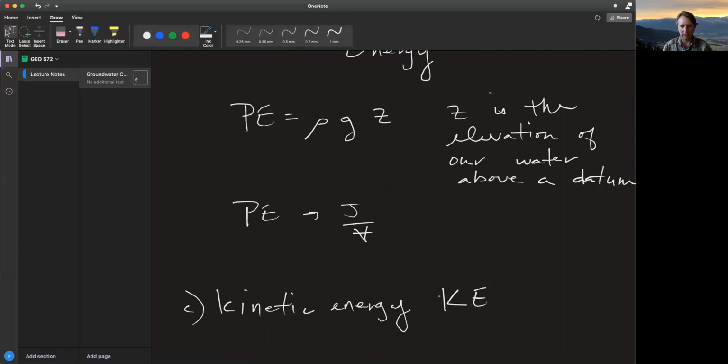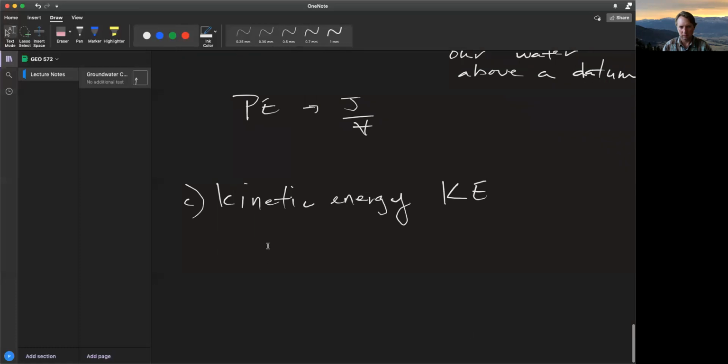All right, and KE is equal to 1/2 m, I'm sorry, V squared. mv squared, where this is the fluid velocity.